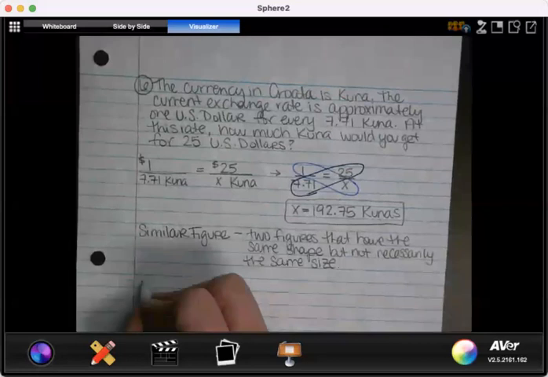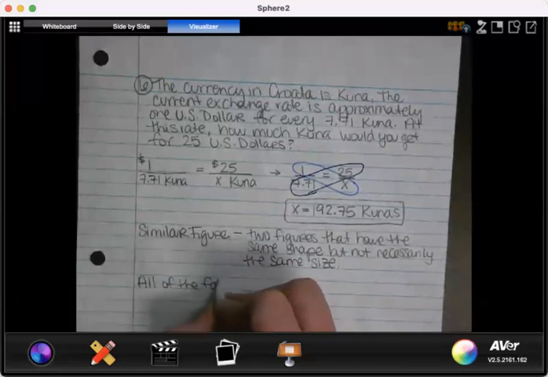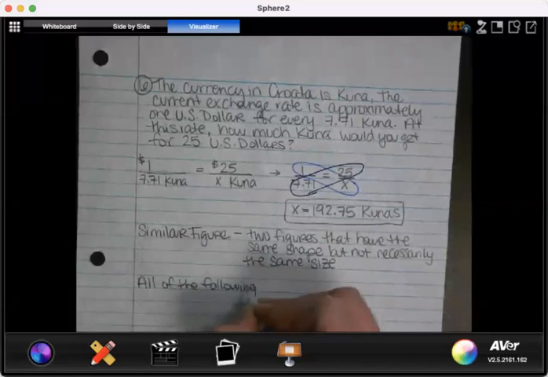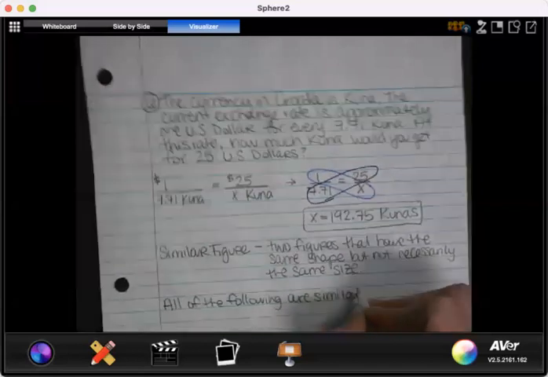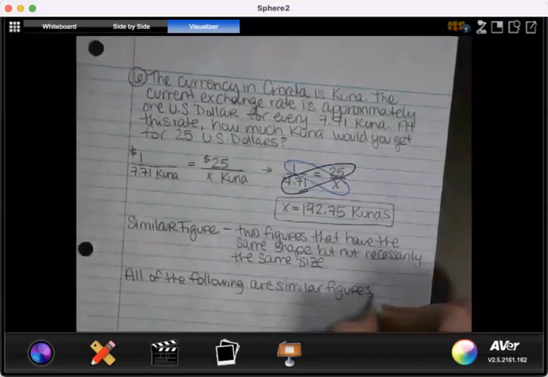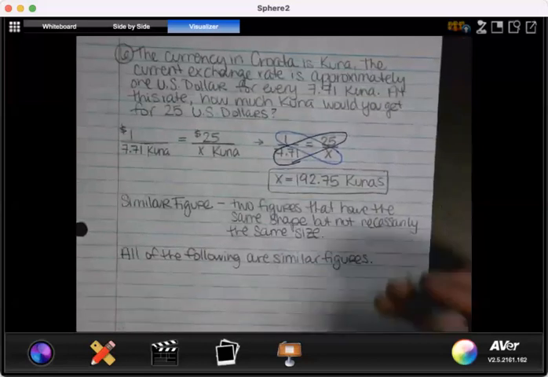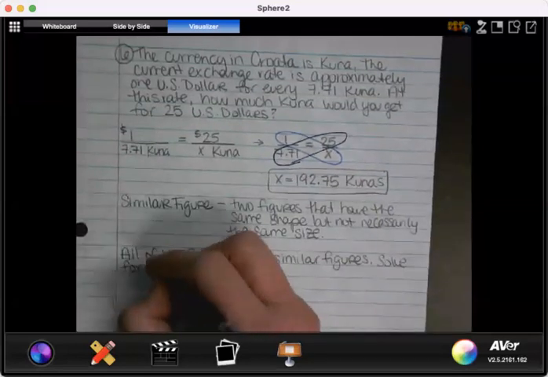And so our instructions are going to be: all of the following are similar figures. Solve for the missing side length.